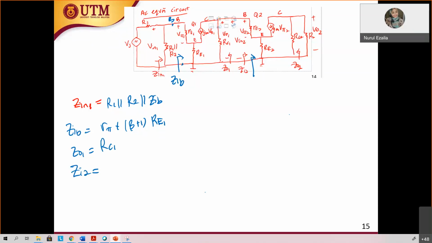If you have Z in B, here also Z in B, actually Z in B2, which is R pi 2 plus beta plus 1 RE2. Z out 2, same like Z out 1, therefore Z out 2 is equal to RC2.